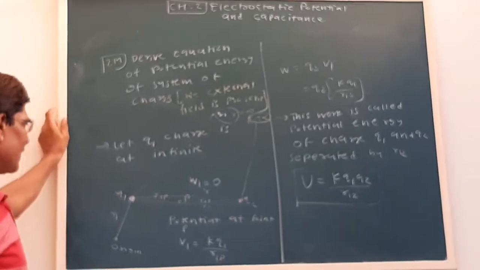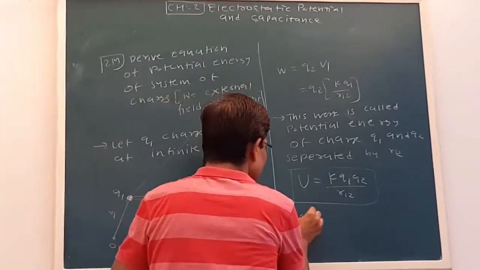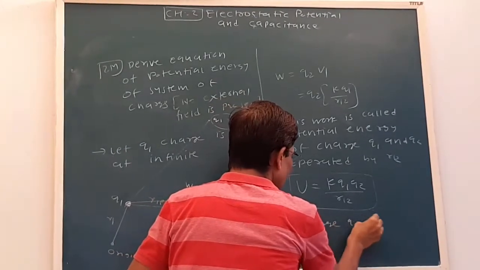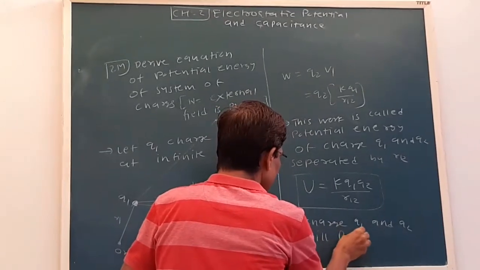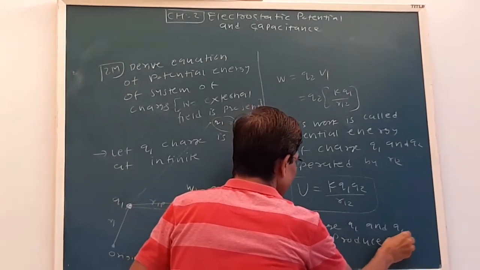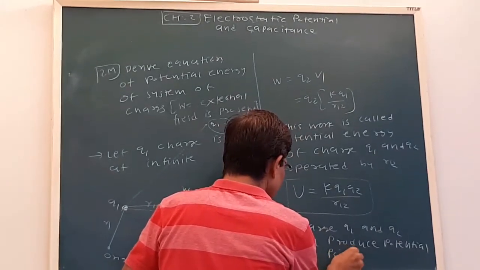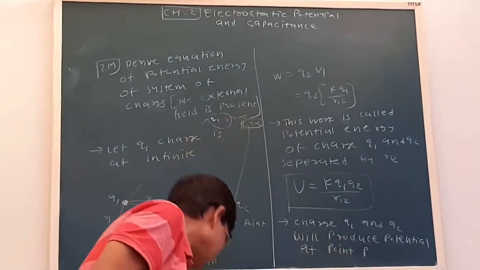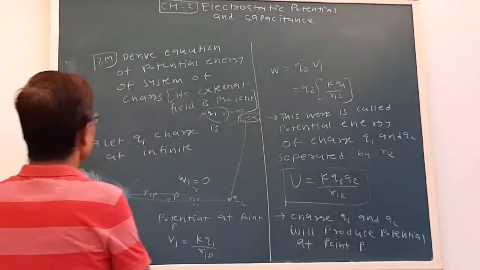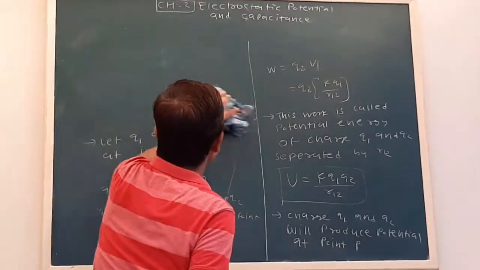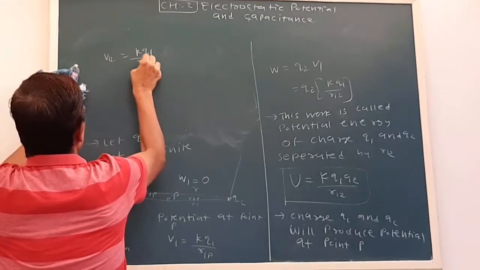So these charges Q1 and Q2 will produce potential at point P. Considering the respective distances R1P and R2P, the potential V12 is KQ1 upon R1P plus KQ2 upon R2P.